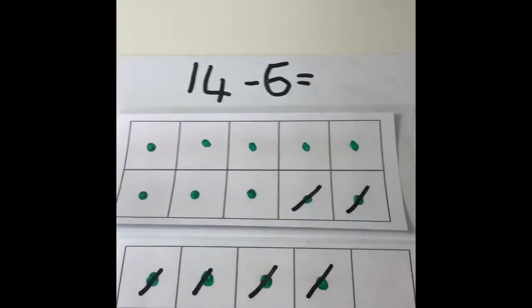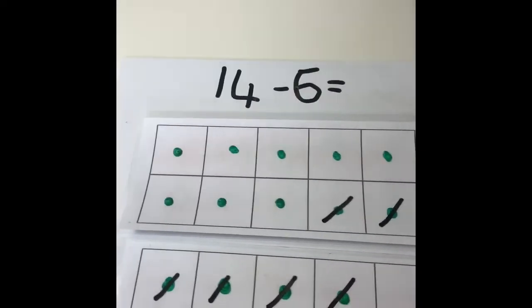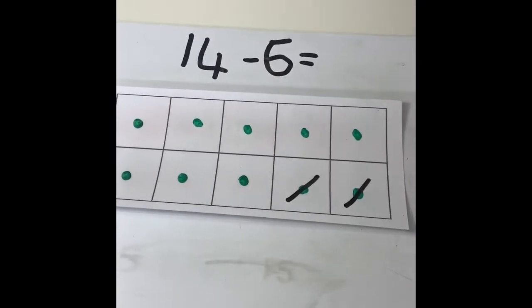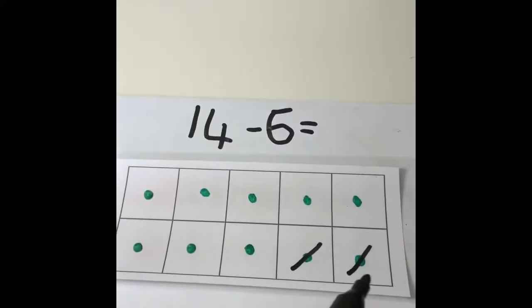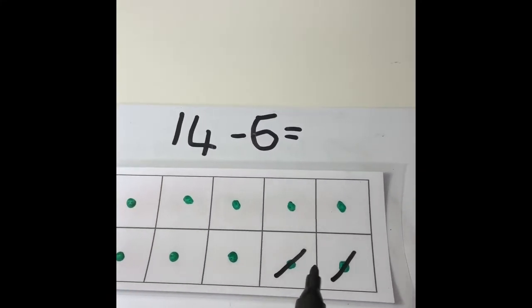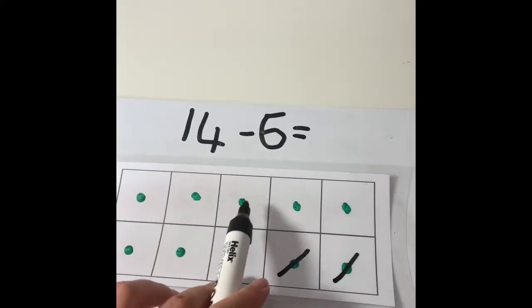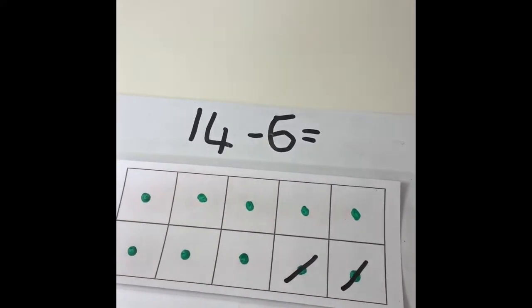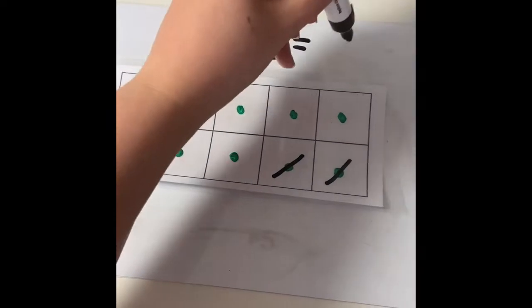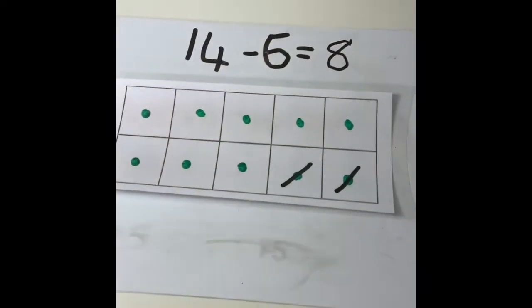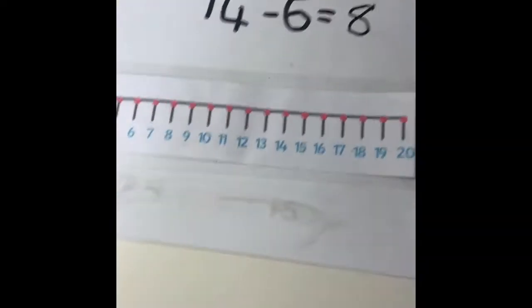Okay, now let's see how many I've got left. I don't have any left on that 10 frame. And I must have less than 10 because 2 have been crossed out. 1, 2, 3, 4, 5, 6, 7, 8. 8. But let's check it on a number line. Start with your biggest number.